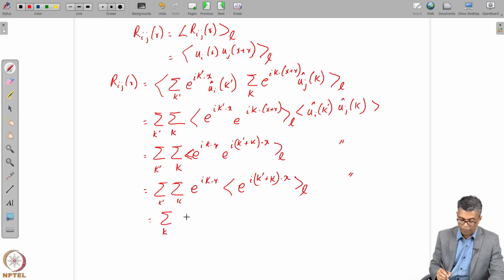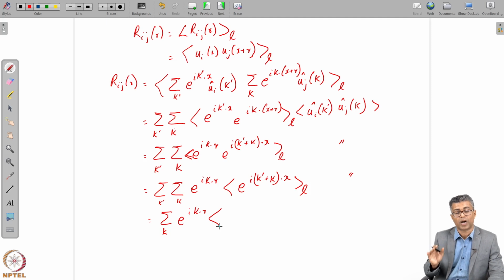So it will be a summation over kappa of e to the i kappa dot r, and the volume average will only be 1. This only exists if kappa prime is equal to minus kappa. So what I essentially have is u_i hat of minus kappa and u_j hat of kappa.